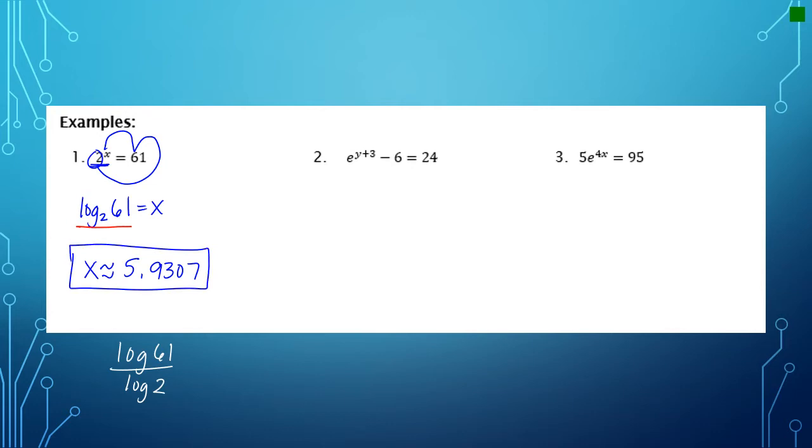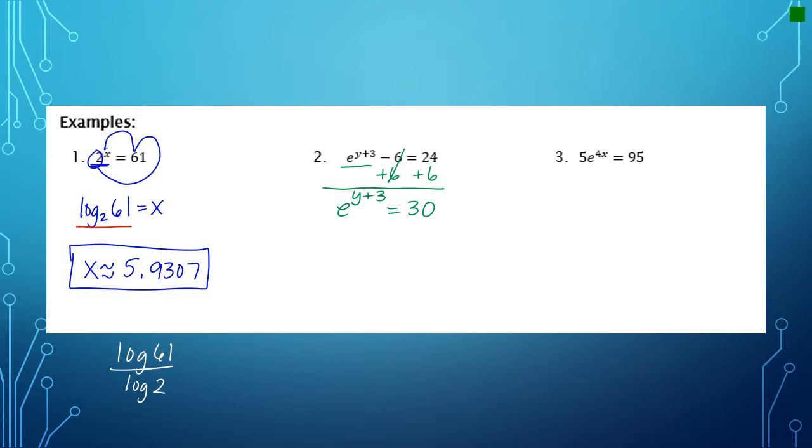All right, for problem number 2, the exponential expression is this right here, e to the y plus 3. It is not isolated because of that minus 6. So the first thing we have to do before we can put this into logarithmic form is get rid of that 6. So now I have e to the y plus 3 equals 30. Now I can put this into logarithmic form.